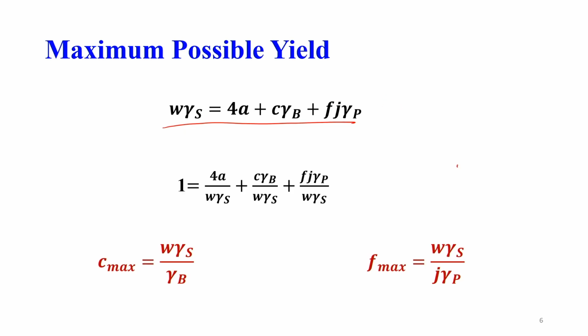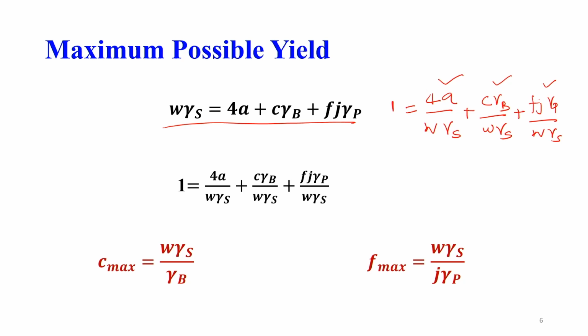If I divide by W gamma S, this will be 1 equals 4A divided by W gamma S plus C gamma B divided by W gamma S plus F J gamma P divided by W gamma S. The first term is oxygen, the second term is biomass, the third term is the product.